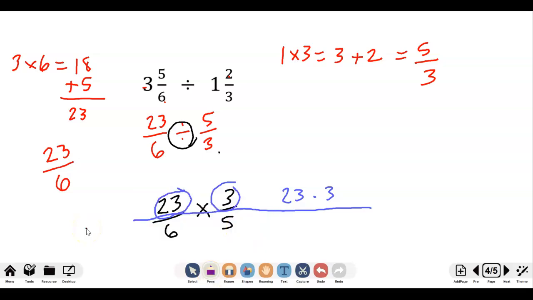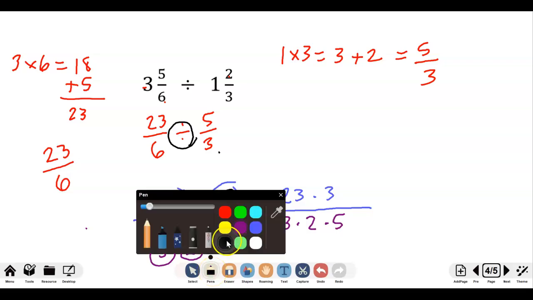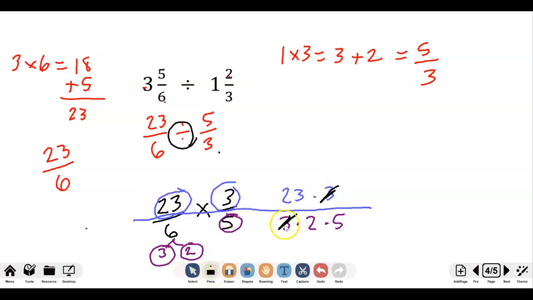In the denominator, 5 is a prime, but 6 is made by 3 times 2. So I'm going to have 3 times 2 times 5. So the only thing I can cancel here is the 3 in the numerator and 3 in the denominator, and I'm left with, in the numerator, 23, and the denominator, 2 times 5 is 10.